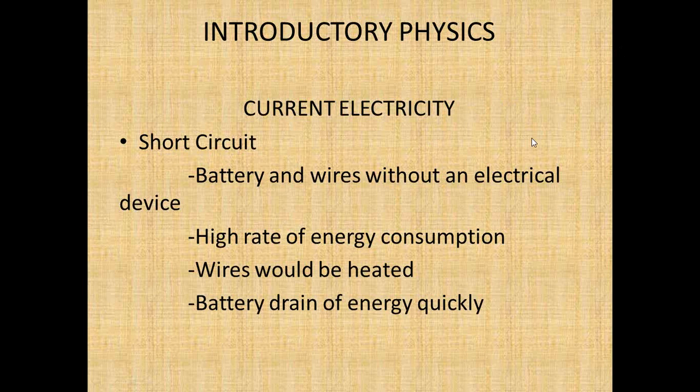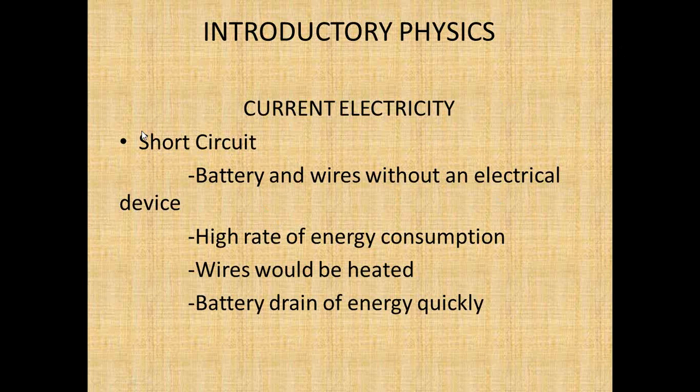If you don't have that, then that's what we call a short circuit. So it's a circuit with a battery and wires without any electrical device. And you're going to have a high rate of energy consumption. The wire is going to get heated, and that can cause a fire. Okay? And the battery will drain very, very quickly.